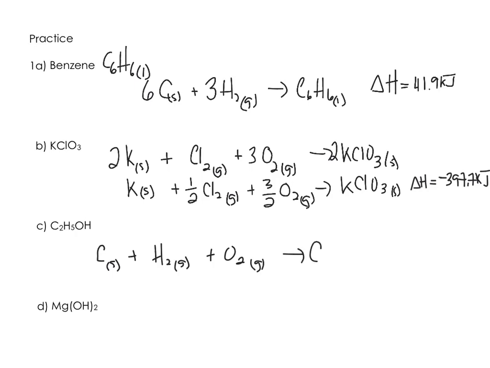And we are going to make C2H5OH liquid. Okay, so we need to balance this, so we need 2 carbons, there's 6 hydrogens, so we need 3 H2s, and then there's only 1 oxygen, so we need a half of an O2, and then our molar enthalpy of formation is negative 277.6 kilojoules per mole.